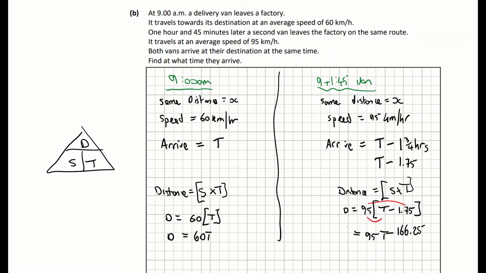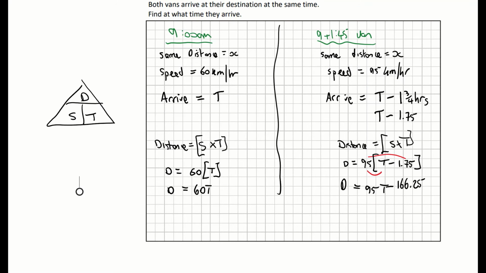So that is the distance of the second van. Now again, remember that they're both traveling the same distance, so both of these are equal to each other. That becomes 60t is equal to 95t minus 166.25.